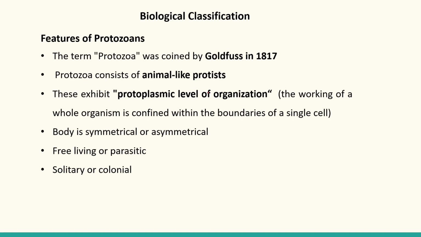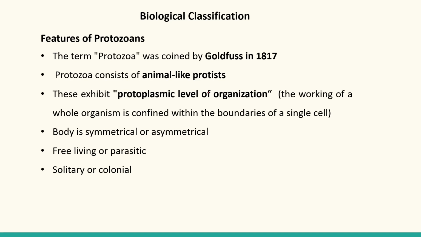These exhibit protoplasmic level of organization, that is, the working of the whole organism is confined within the boundary of a single cell. So again, this animal-like protist is made up of a single eukaryotic cell.